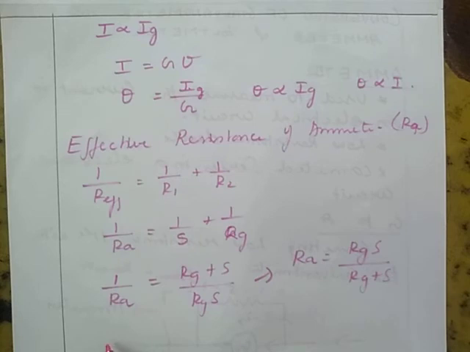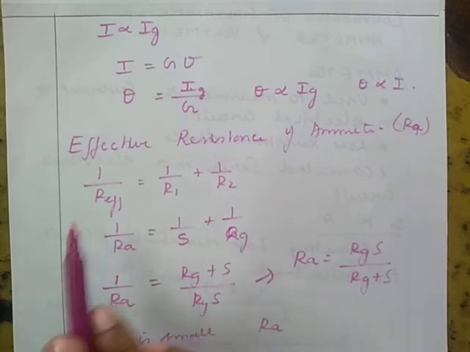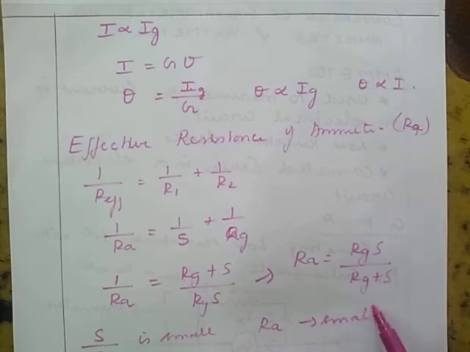Here we know the ratio S by Rg is small, so the value of that effective resistance is always small. For this small value of resistance, we can connect the ammeter in a circuit in series connection.